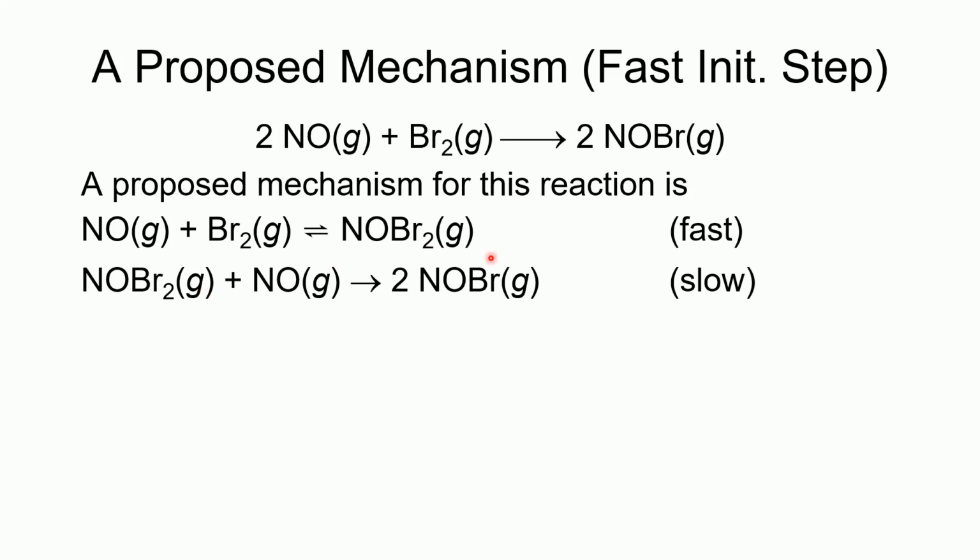It looks like it is an intermediate. And then we get 2NOBr. So it does add together to give us the overall equation, so it meets that requirement. The requirement about the intermediate: this intermediate is produced in step 1 and used up in step 2. So yes, it meets that requirement as well.